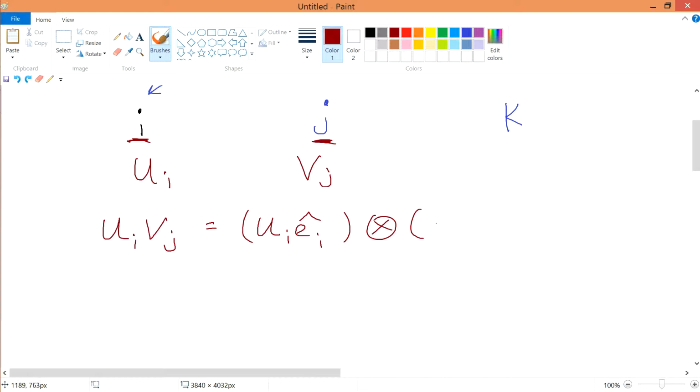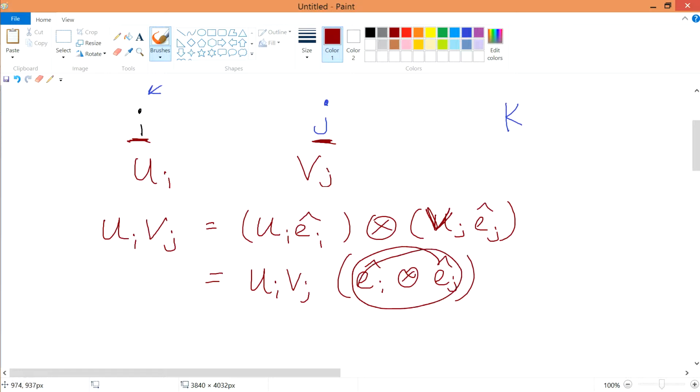If you don't know anything yet, it's okay, it's just applying the operations. I rearrange ui and vj together, and I have ei dyadic product with ej.